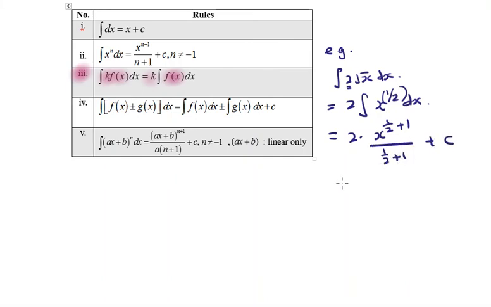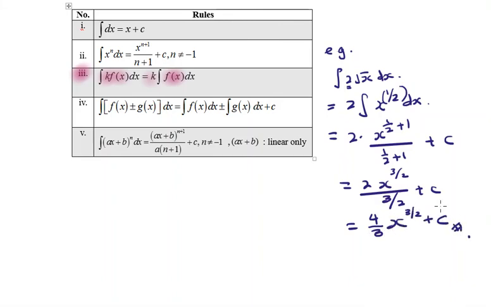So 2 remains 2. Half plus 1 divided by half plus 1 plus c. Let's carry on. Half plus 1 is 3 over 2 divided by 3 over 2 plus c, which is equal to 4 divided by 3, x raised to power 3 over 2 plus a constant c.